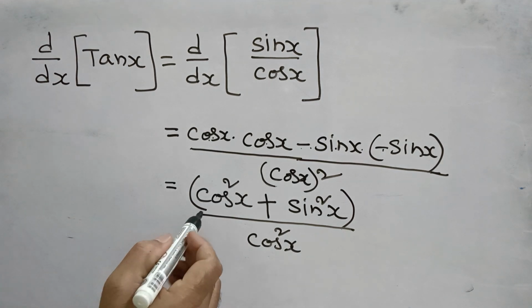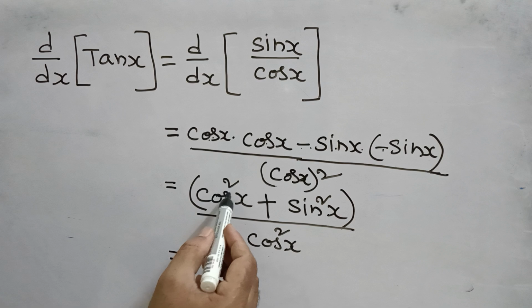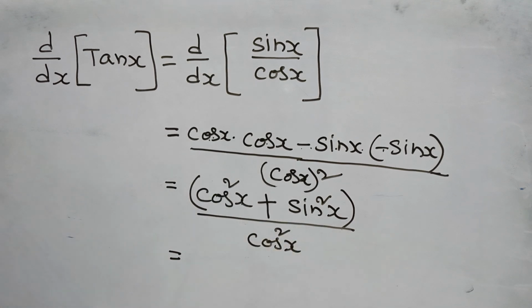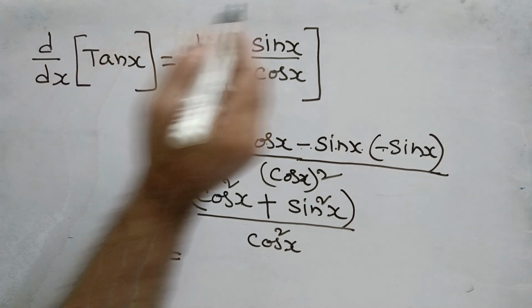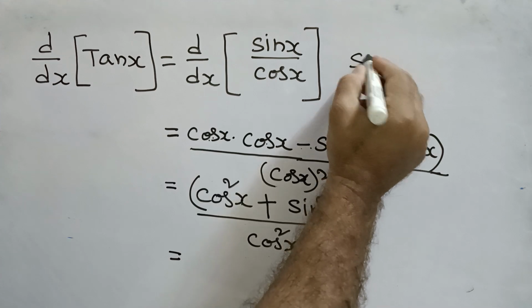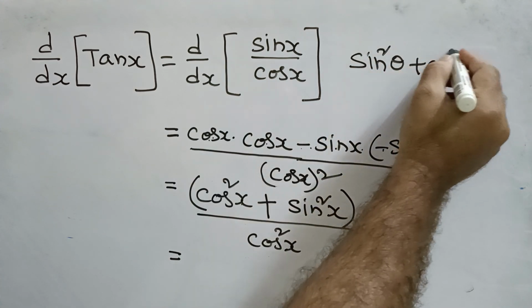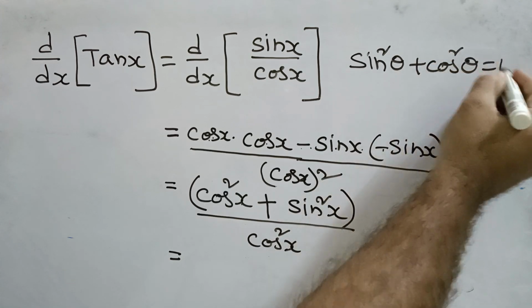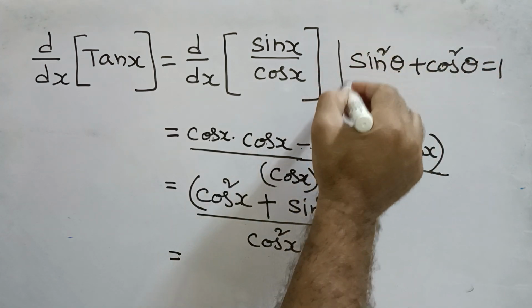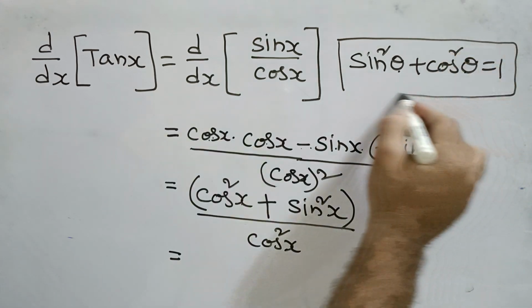If you see the numerator part, cos square x plus sin square x, there is a trigonometric identity. What is the trigonometric identity? Sin square theta plus cos square theta is equal to 1, if the angle theta is the same.